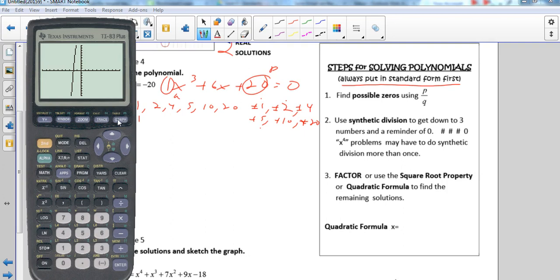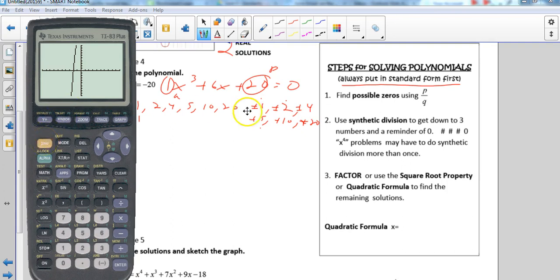Now remember, this is a cubic function, so that just means it's going up here and somewhere up here curving over and going up towards positive infinity. We can't see it. We could change the window to see, but it looks like there's my one solution. Now what is that number? We don't know. It looks like it's -2, but it could also be a decimal.